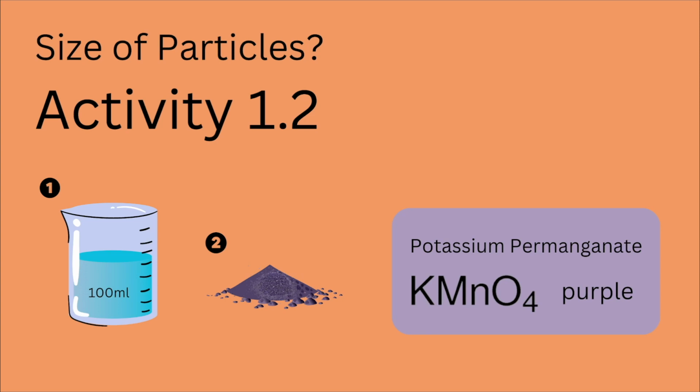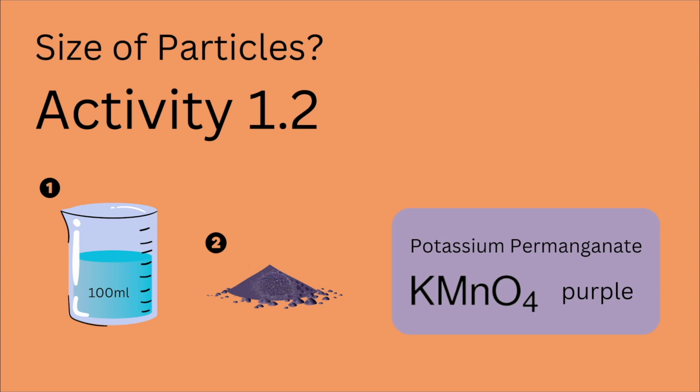In this activity, we are going to take a 100 ml beaker just like the previous activity and fill it with 100 ml of water. The beaker might be bigger, but the water level is just 100 ml. Now we are going to add a few crystals of potassium permanganate.